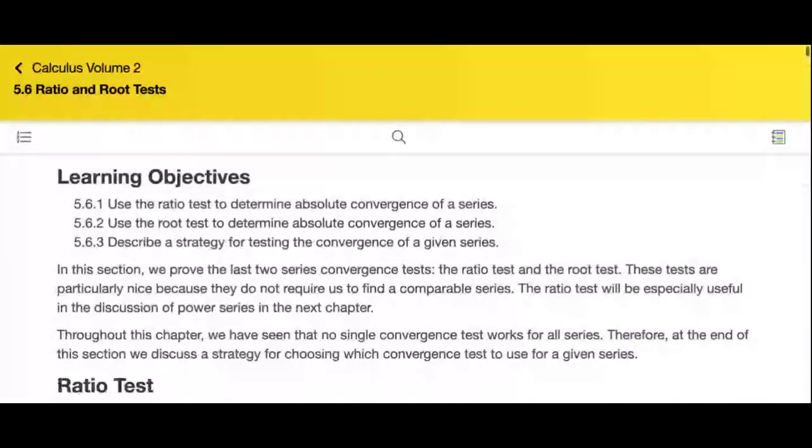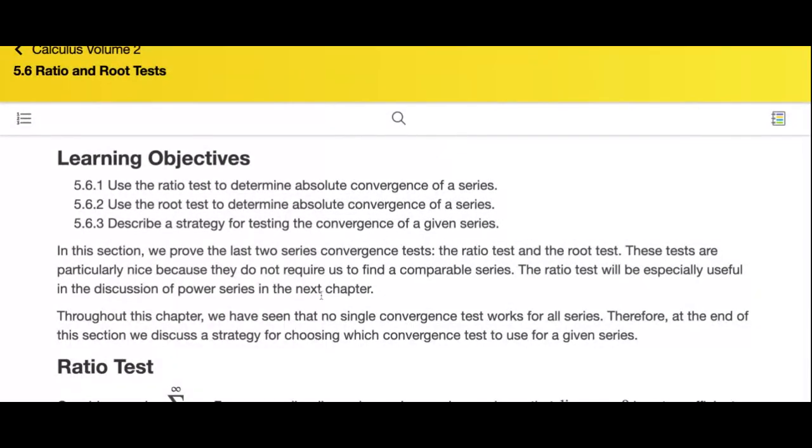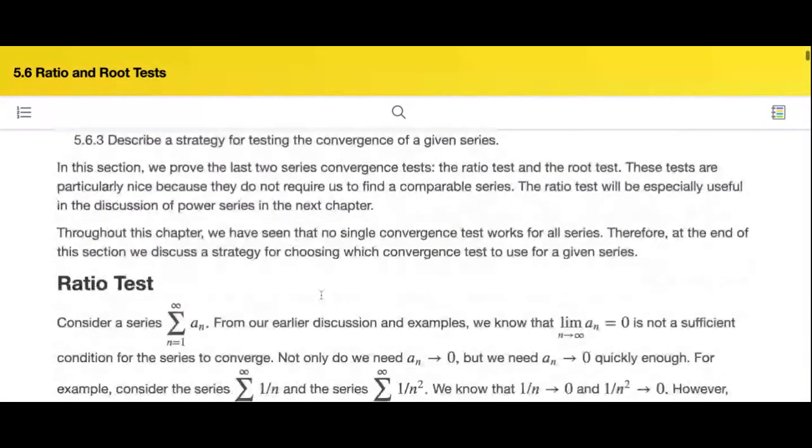Ratio and root tests. Okay, so this is a new test for series. One is called the ratio test.